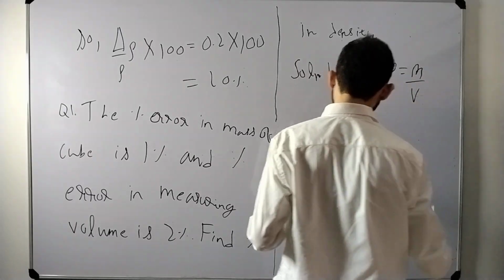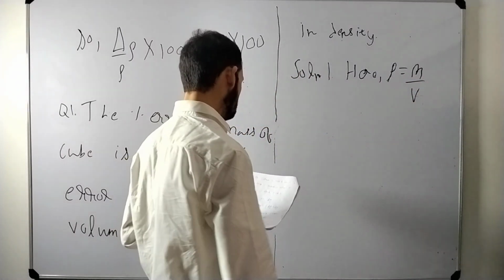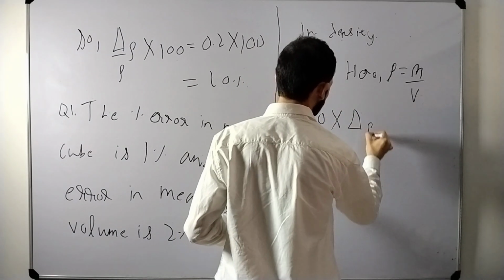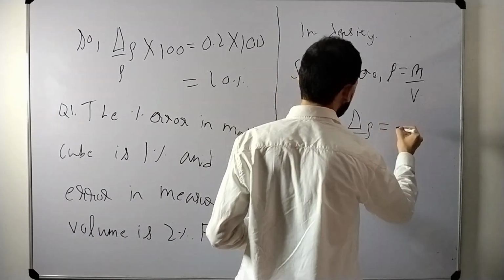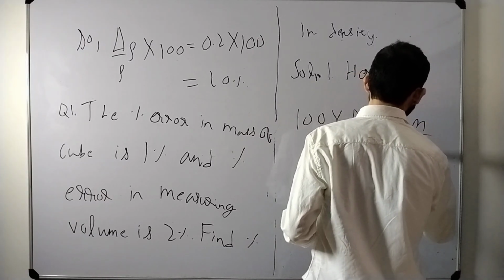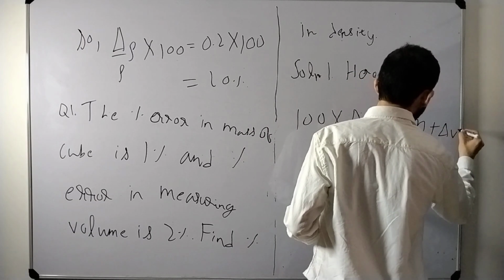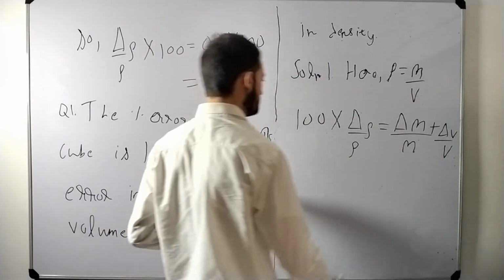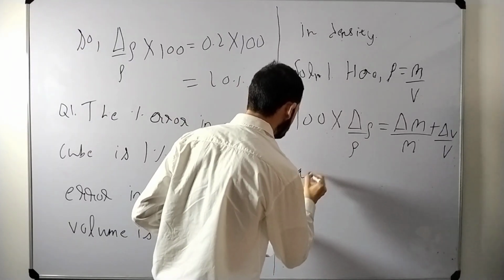Mass upon volume. So our percent becomes del rho upon rho, del m upon m plus del v upon v, and this makes percentage error in density.